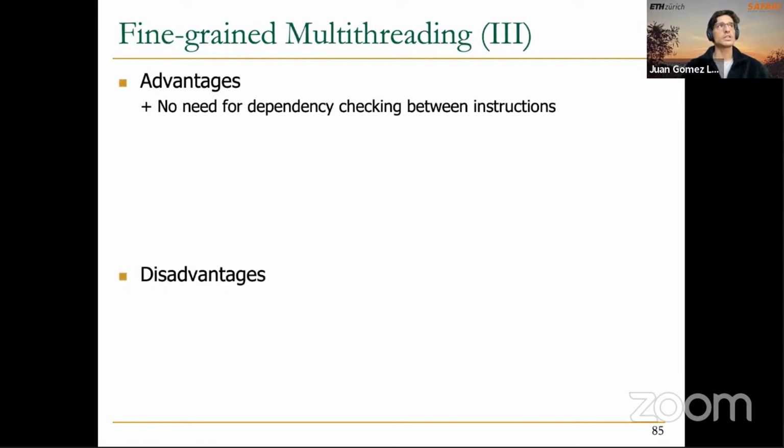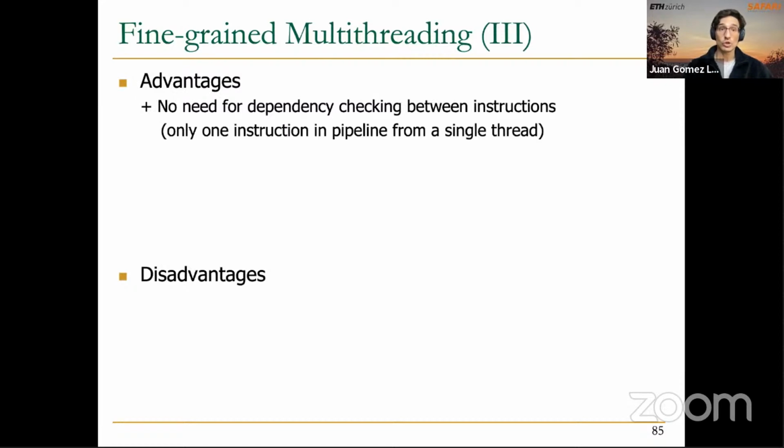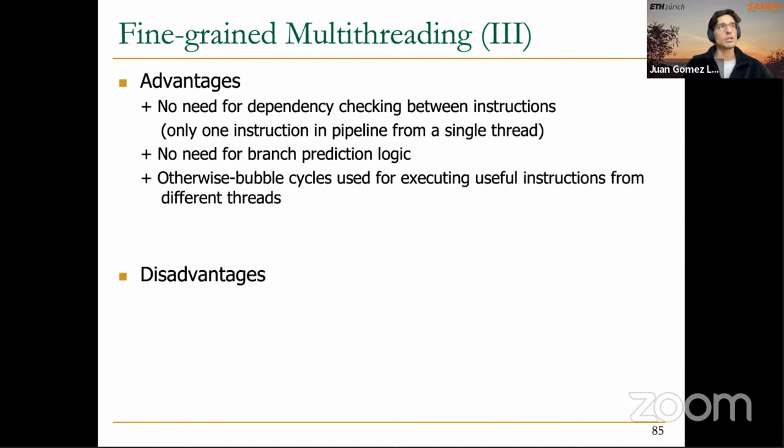So there are advantages here. There is no need for dependence checking between instructions, because there is likely only one instruction in the pipeline for a single thread, and if there is more than one instruction from the same thread, it's because these instructions are independent, and there is a way of knowing that. Maybe the compiler can help, or maybe some hardware units can help detect which instructions are independent of each other.